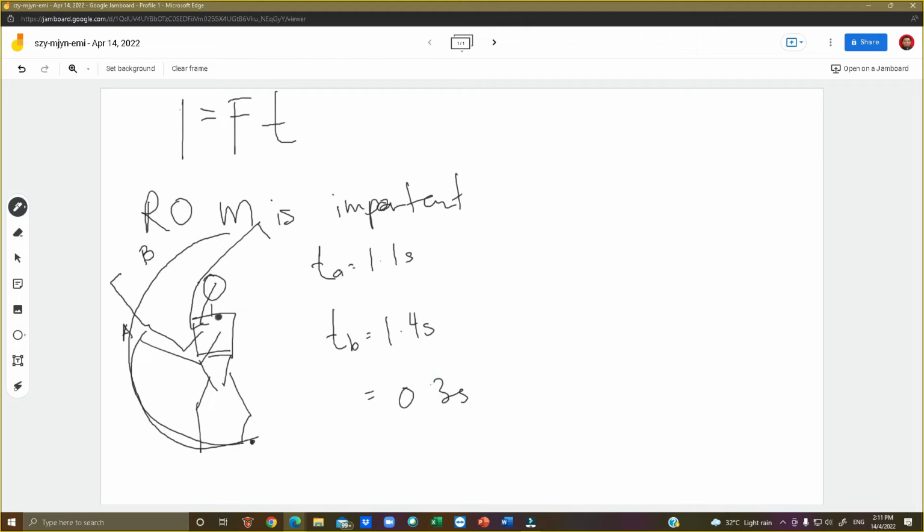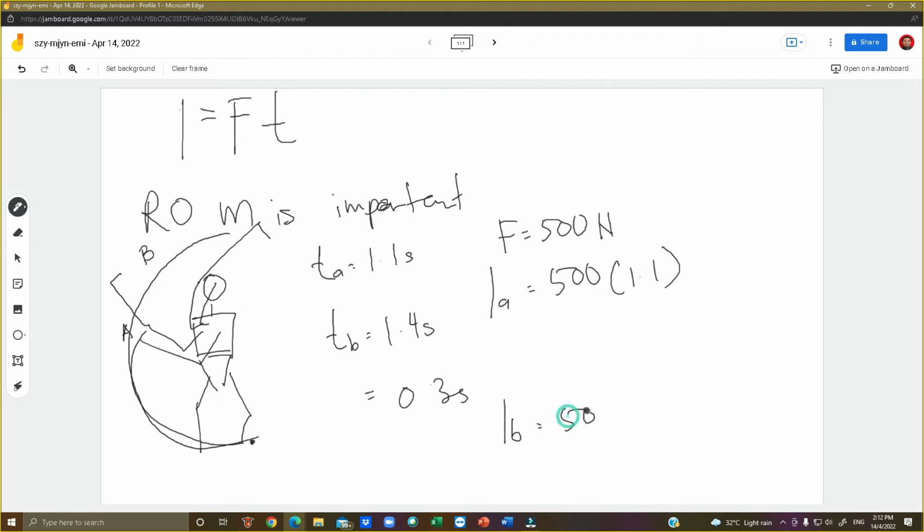And if this golfer is able to produce force at the hand region at, let's say, 500 Newton. Okay, 500 Newton. So now let's compare IA dengan IB. IA equals to 500 times 1.1.